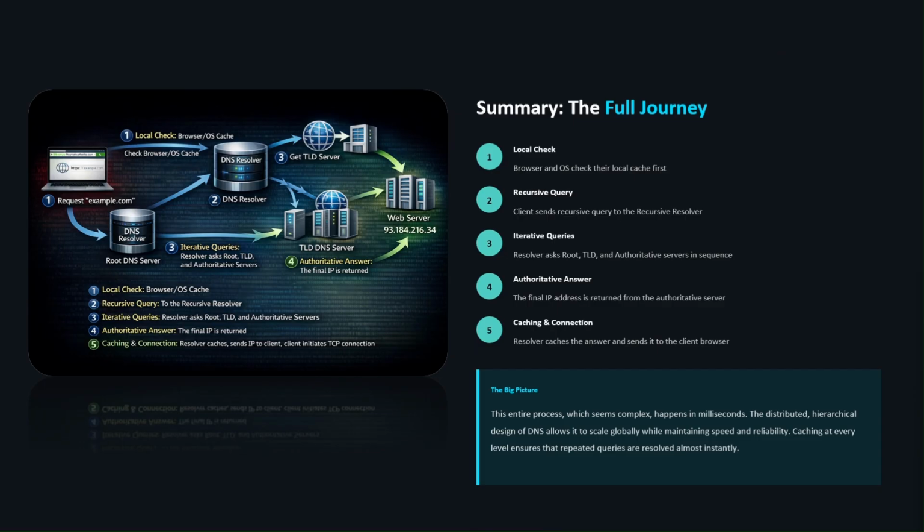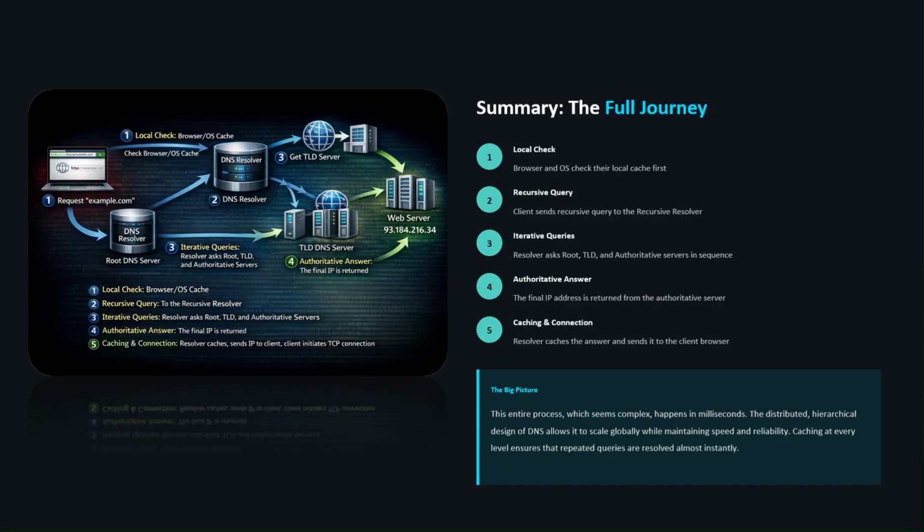Let's summarize. The entire journey of our DNS packet is a 5-step process. 1. Local check at the browser or OS cache. 2. Recursive query to the resolver. 3. Iterative queries to the root, TLD and authoritative servers. 4. The authoritative server answers and returns the final IP.